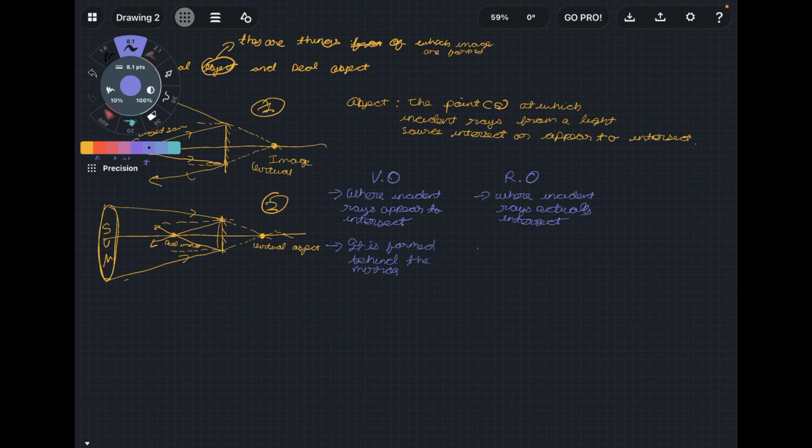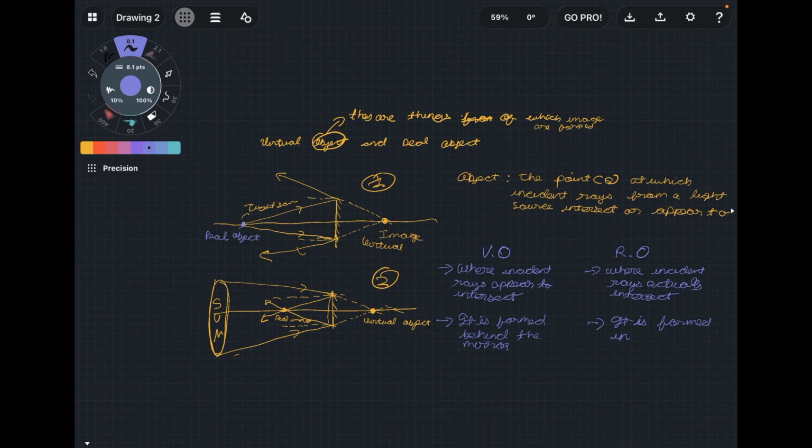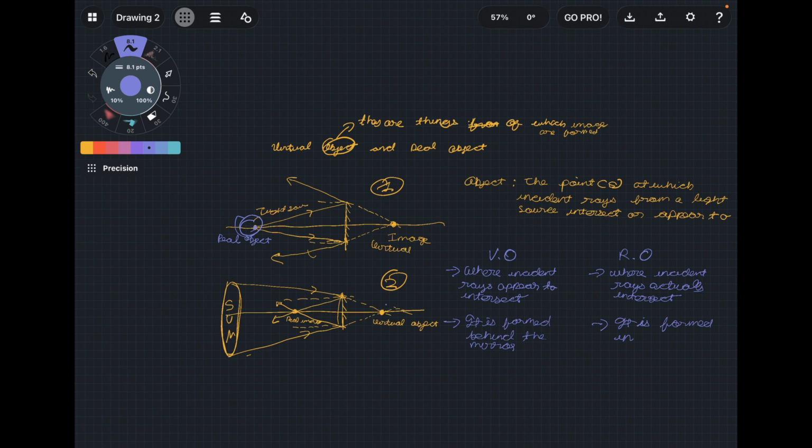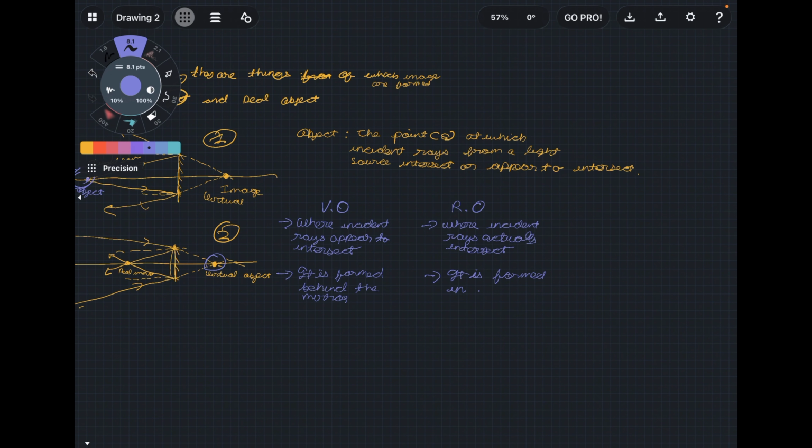For a real object, it is formed in front of the mirror, because in front here, this is behind here.